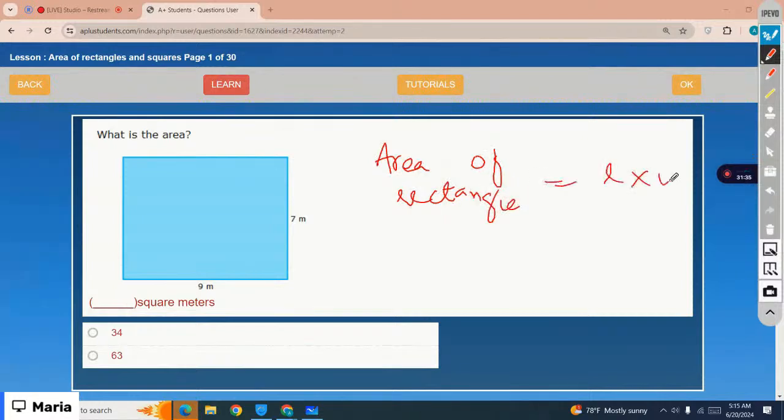You have to do 9 times 7. 9 times 7 is 63. So the correct option is 63 square meters. Option number 2 is the correct option. Got it?